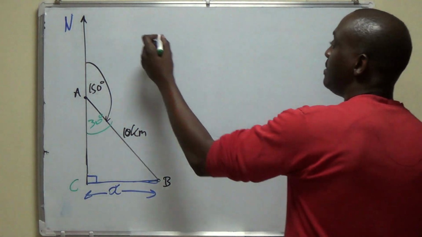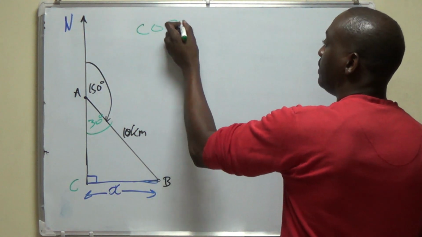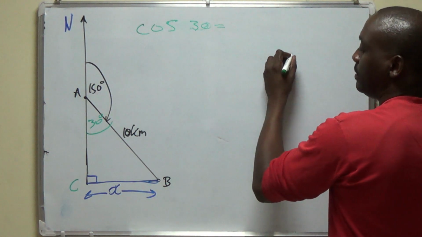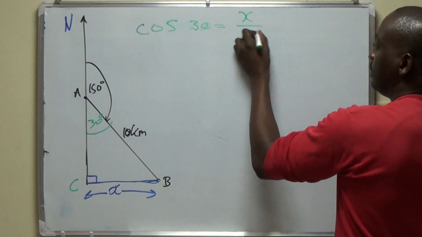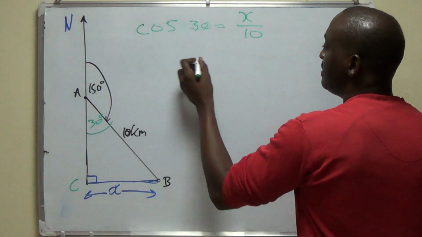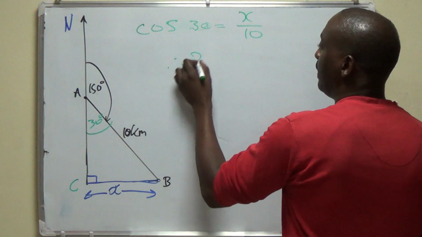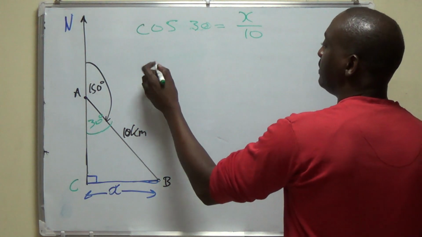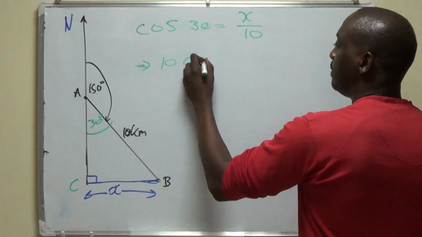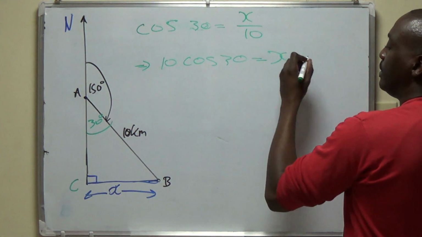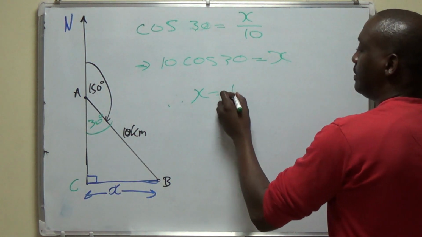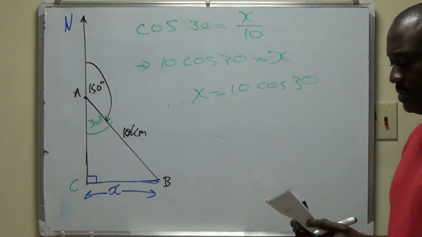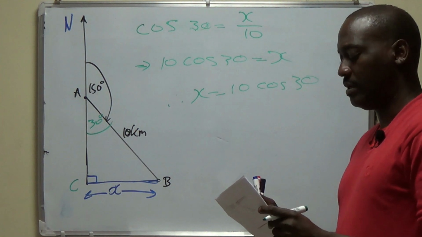So in other words, we could say that cosine of 30 would be equal to x over 10. Which means that x would be equal to, in fact no, let me keep everything on the same side. You cross multiply, so you have that 10 cosine 30 will be equal to x. So therefore x will be equal to 10 multiplied by cosine 30, which corresponds to answer A, 10 cosine 30.